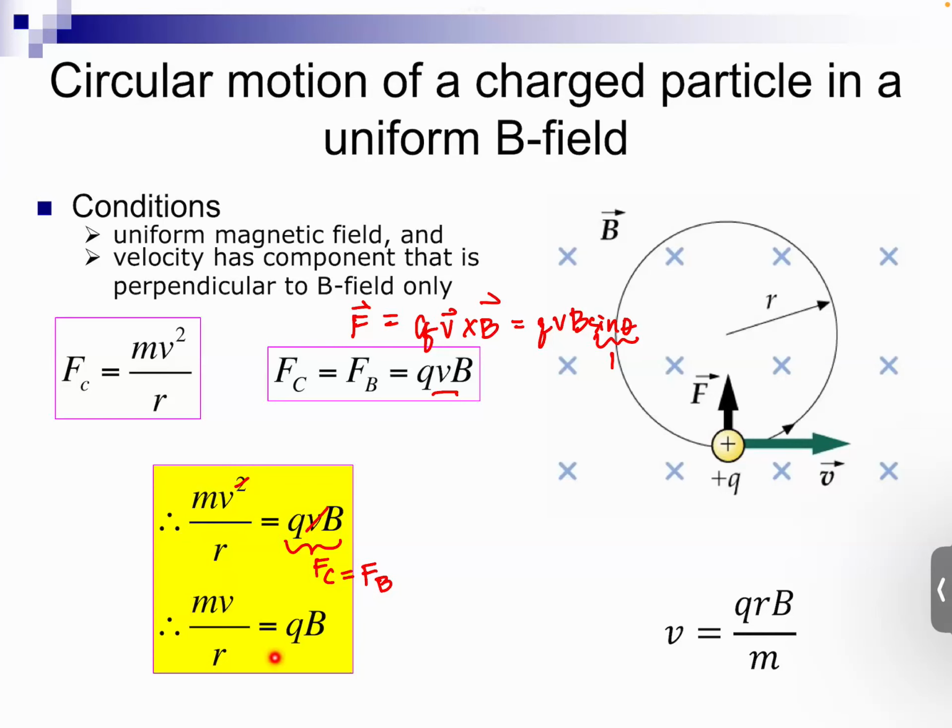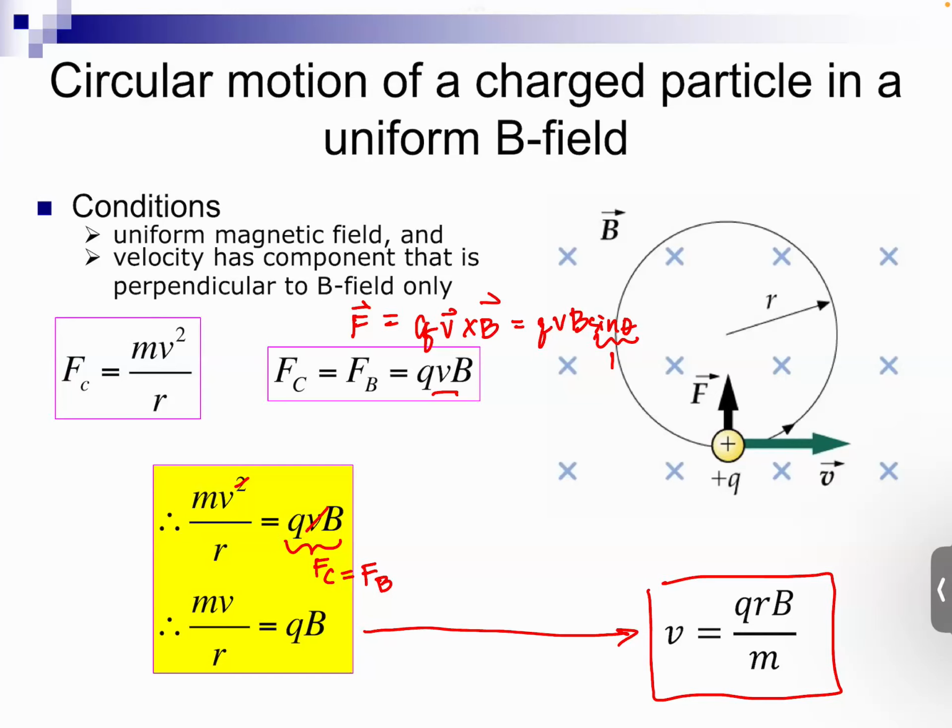Hence you have this relationship, which you can then rearrange to find the speed of that charge in the magnetic field region. If you want to determine the speed of this charge, it all comes from the centripetal force being provided by the magnetic force qvB, and that's equal to mv squared over r.